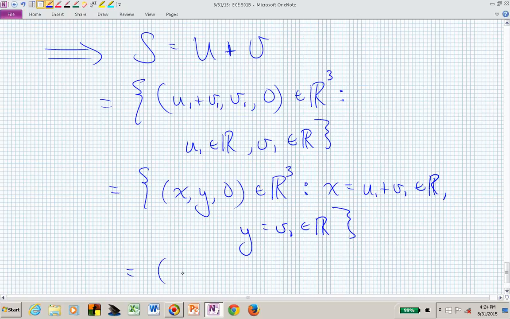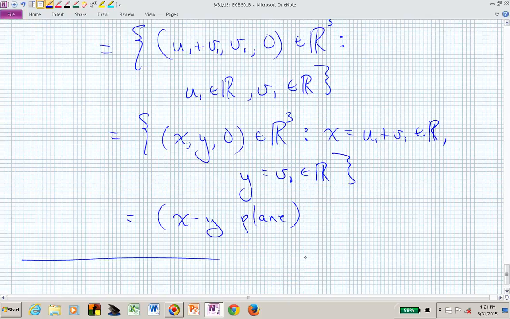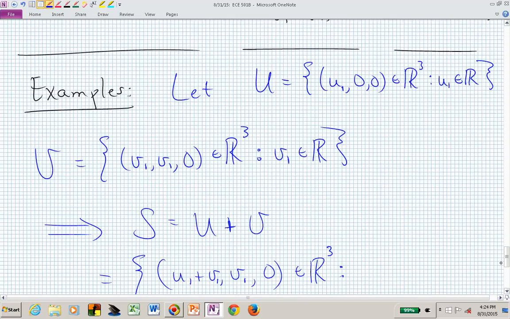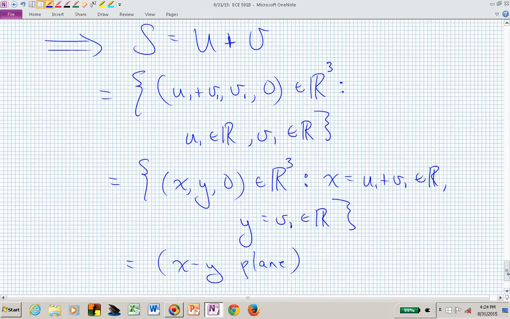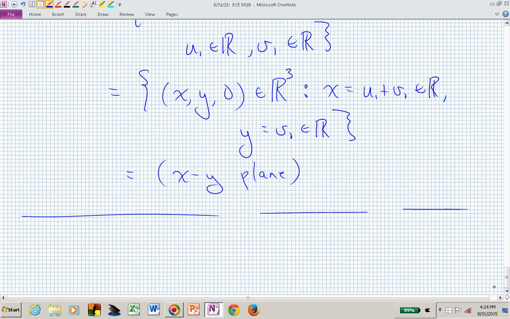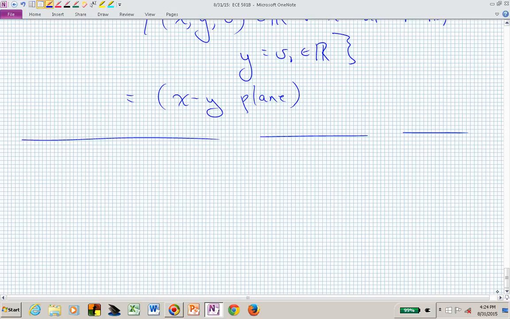So that this now becomes the XY plane. So that's an example of a sum of two subspaces where they don't have to be orthogonal or disjoint except for the origin. They could have some elements in common, so to speak.